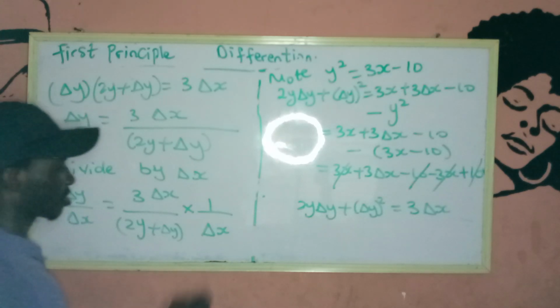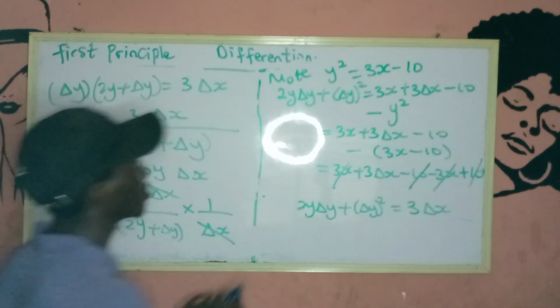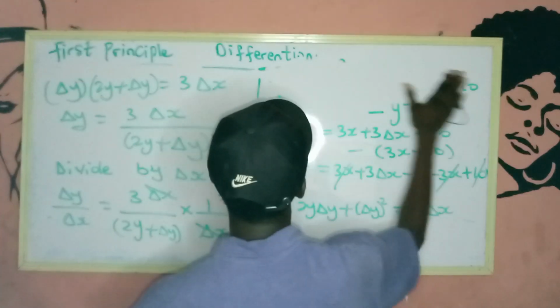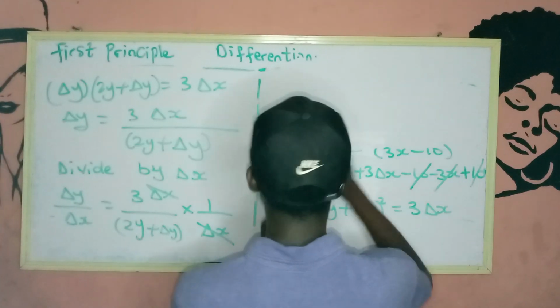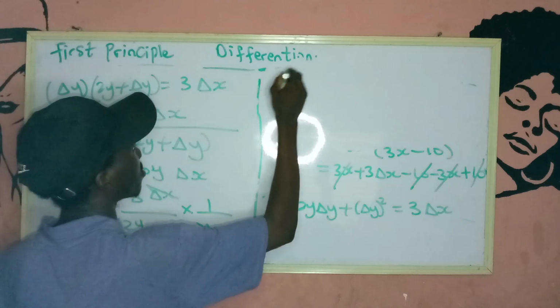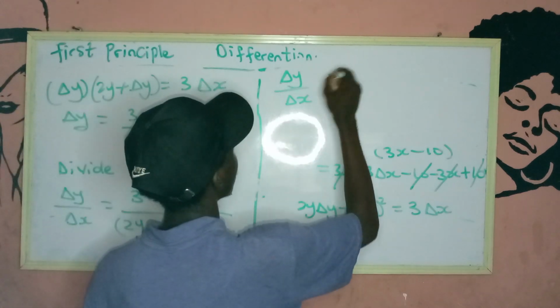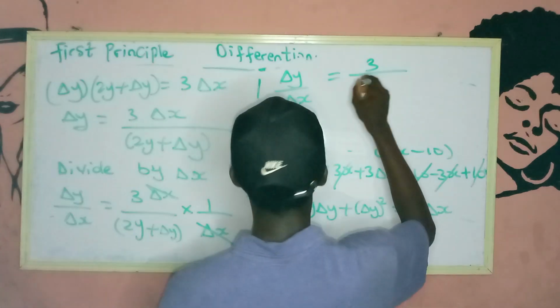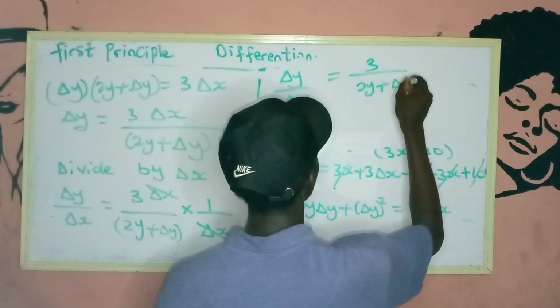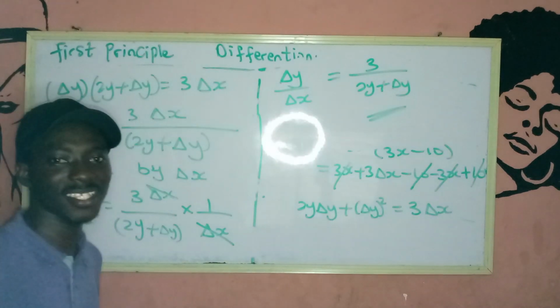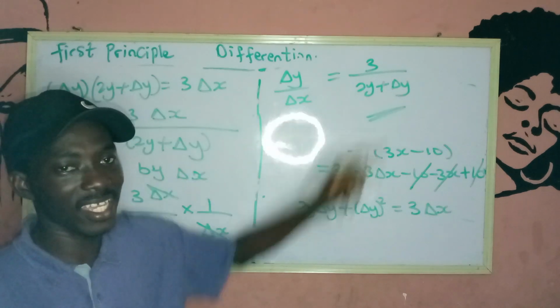I just have to look for that. This cancels this. So you have change in y over change in x is equal to 3 over 2y plus change in y. That will be your answer. So this will be the gradient of the secant.